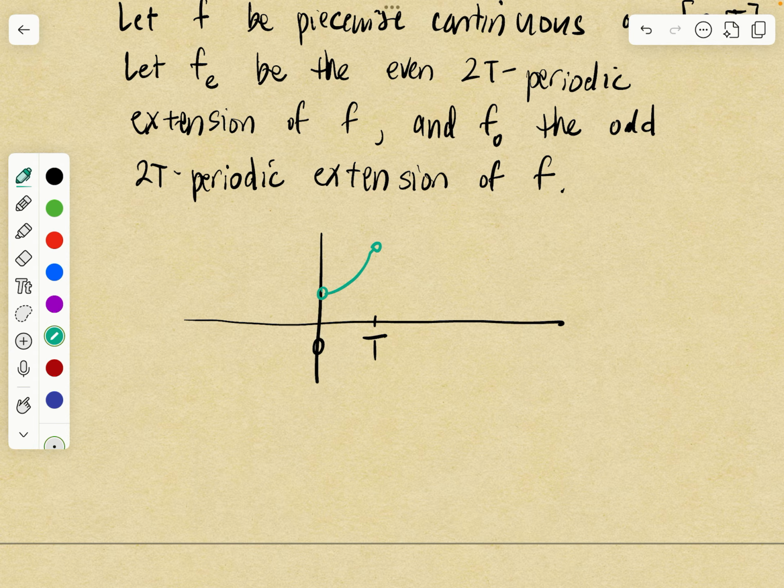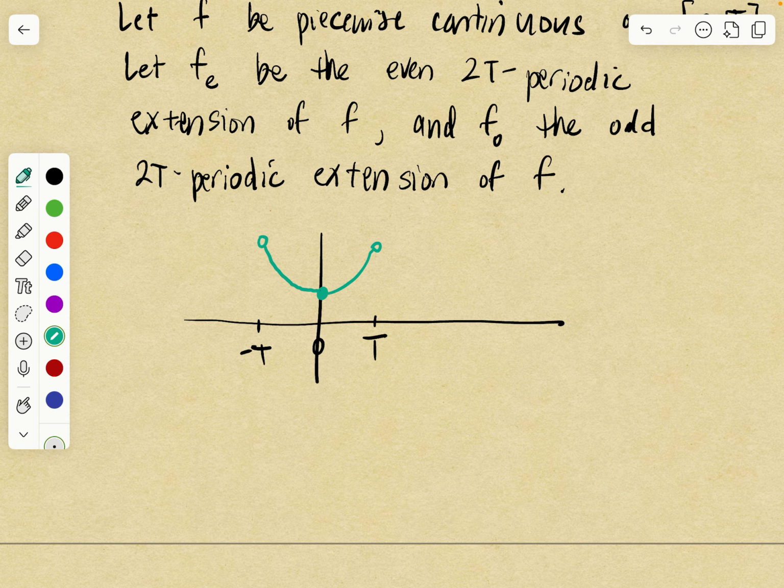We're going to make it go from negative t to 0, and we're just going to reflect it across the y-axis. And when we do that, you're going to get this. Notice that it would be continuous if we defined it at 0, so let's just define it at 0 to make it continuous. Now you have this piece from negative t to t. It's even from negative t to t.